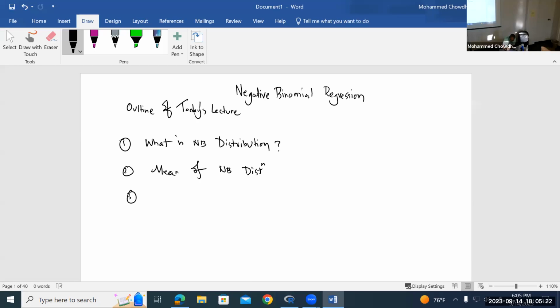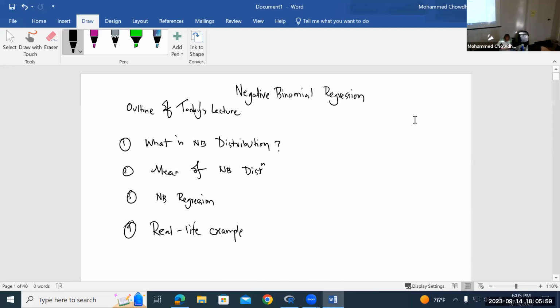And then finally, we want to do some kind of gamma exponential mixture of negative binomial distributions. I will explain that. And finally, we want to derive negative binomial regression. These are the things. After that, we will do a real life example.